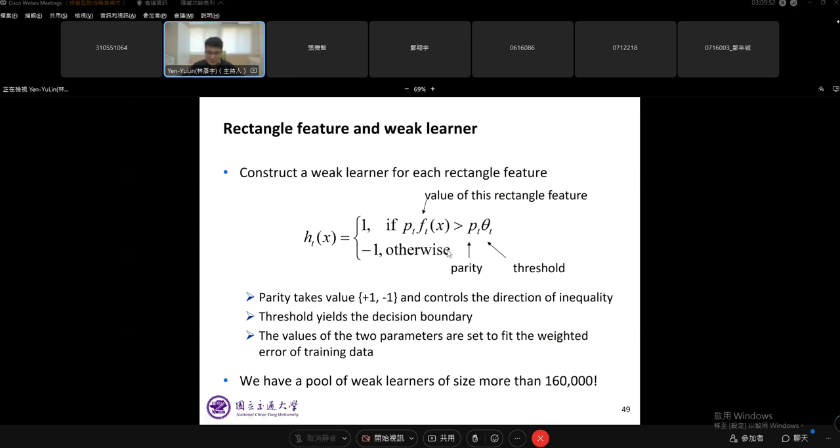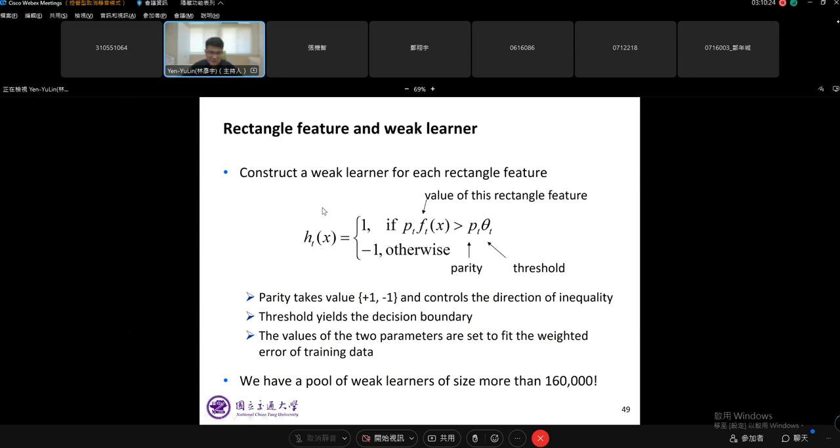Via this equation, you can find that a rectangle feature f_t is used to construct one weak learner. Since we have more than 160,000 rectangle features, the pool of weak learner candidates also has more than 160,000 weak learners.